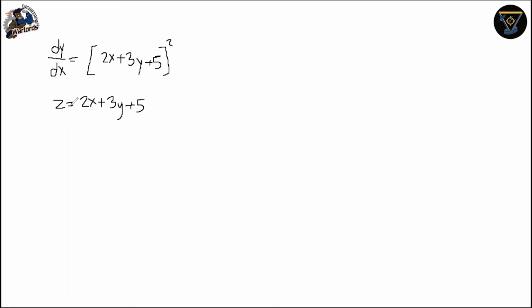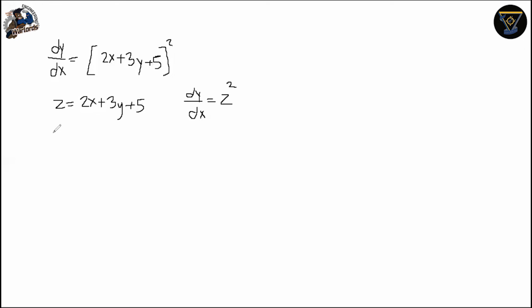So if we say z is equal to this, what we're actually saying is that dy over dx is equal to z squared. So all we do now is differentiate this part here.